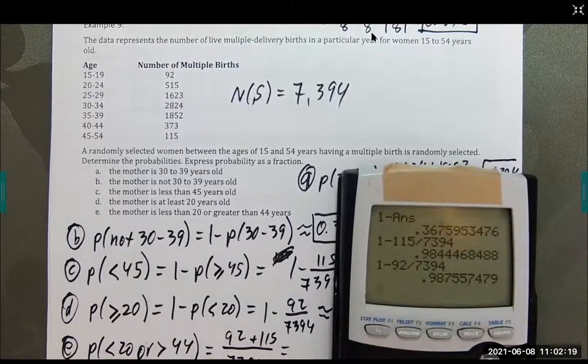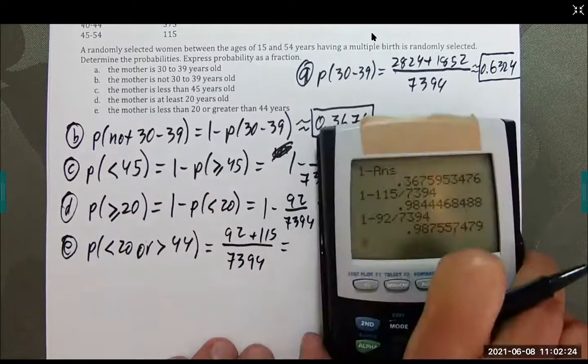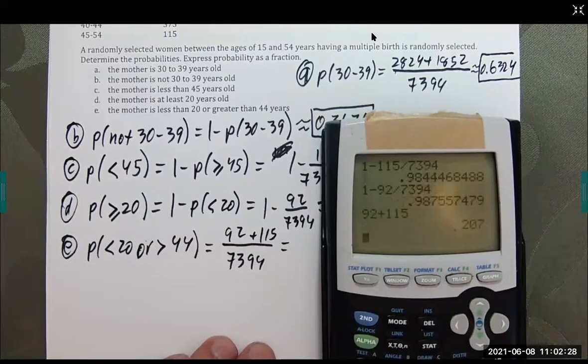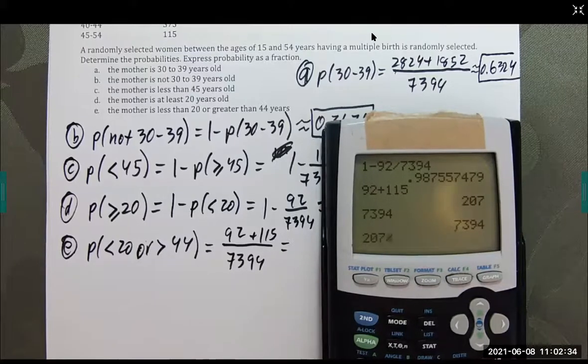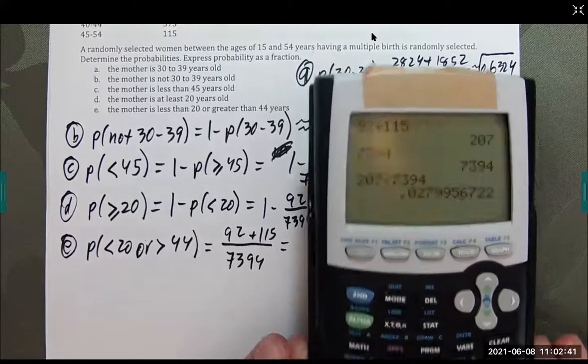And in fact, I will show you a trick for this last one on how to keep it as a fraction. 92 plus 115 divided by 7394. So here's 207 divided by 7394. So here's the decimal answer. But if I want to convert it to a fraction, here's what I do.